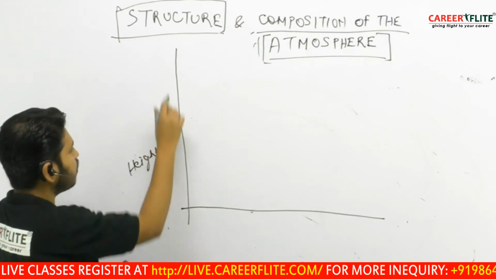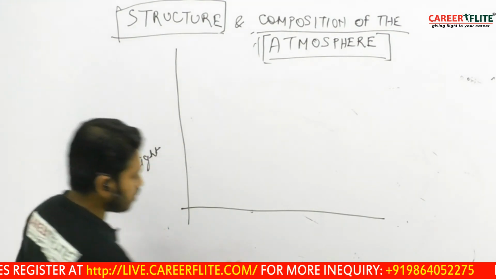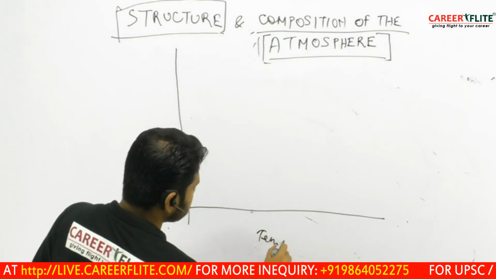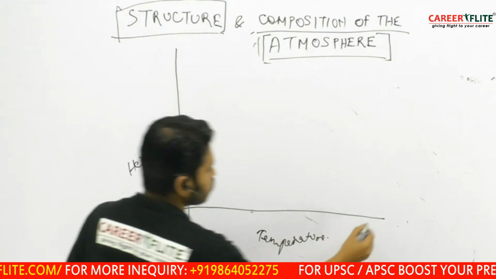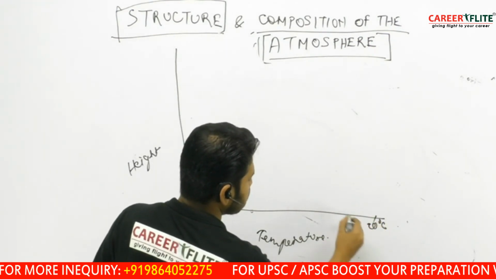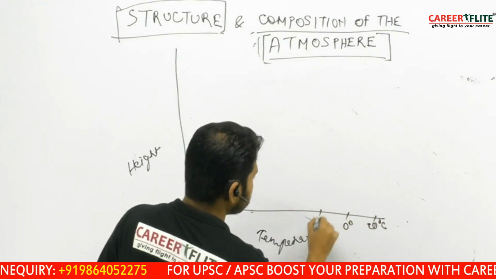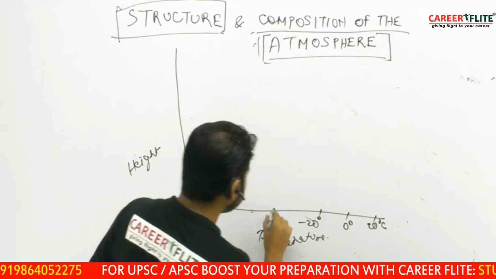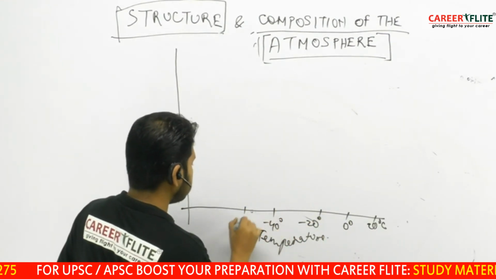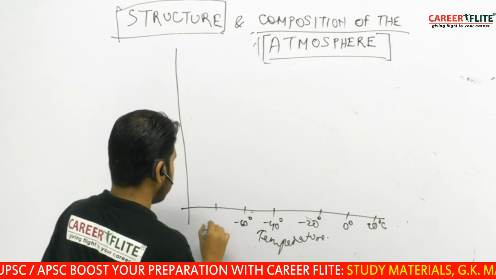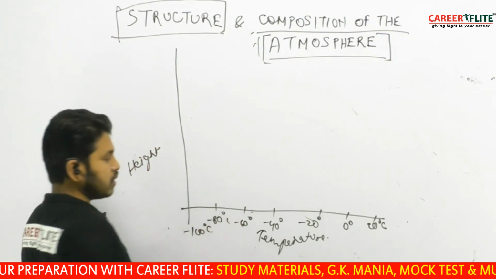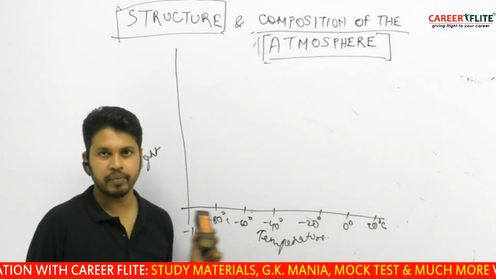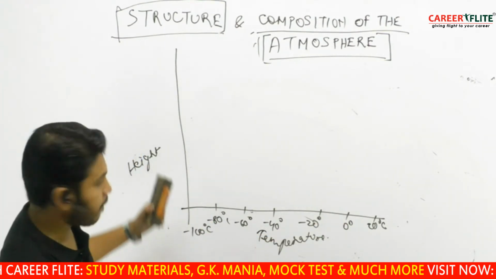This line represents height, and this line represents temperature. Suppose this is 20 degrees Celsius, 0, minus 20, minus 40, minus 60, minus 80, then minus 100 degrees Celsius.